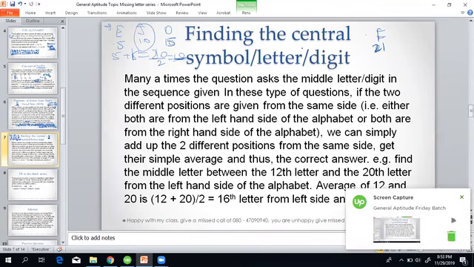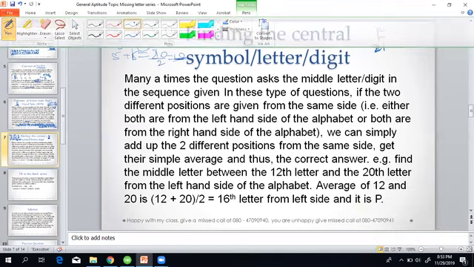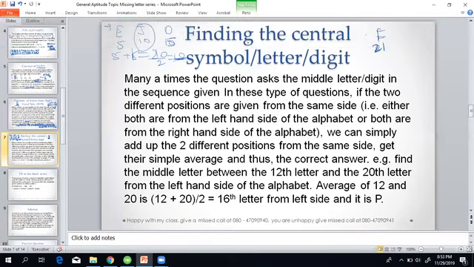For that, let's take an example: what is the middle letter between E and H?